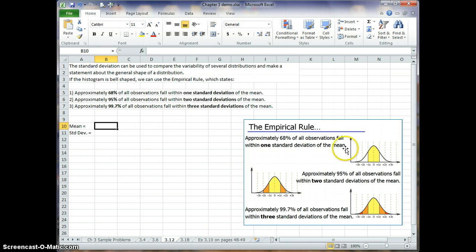I also have this graph down here in the lower right corner of your screen. The empirical rule states that 68% of all observations fall within one standard deviation of the mean.